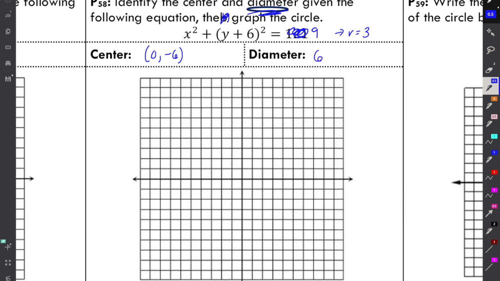Awesome. So first, graph your center. So 0, negative 6. Now we go do those 4 points with the radius. Go up 3 right here, right 3, down 3, and left 3. Here's my circle.